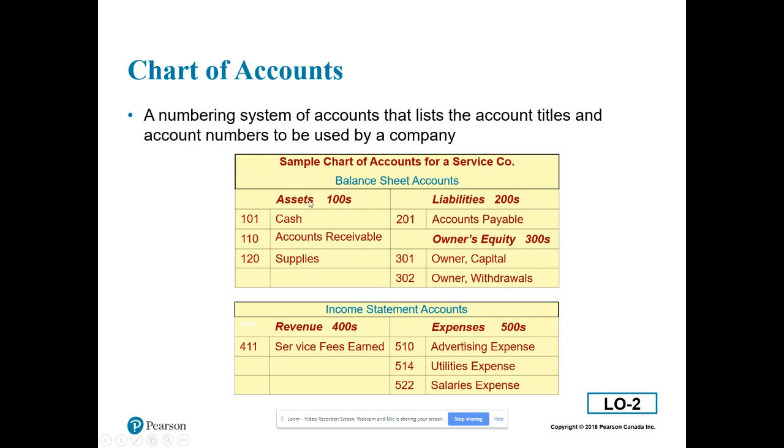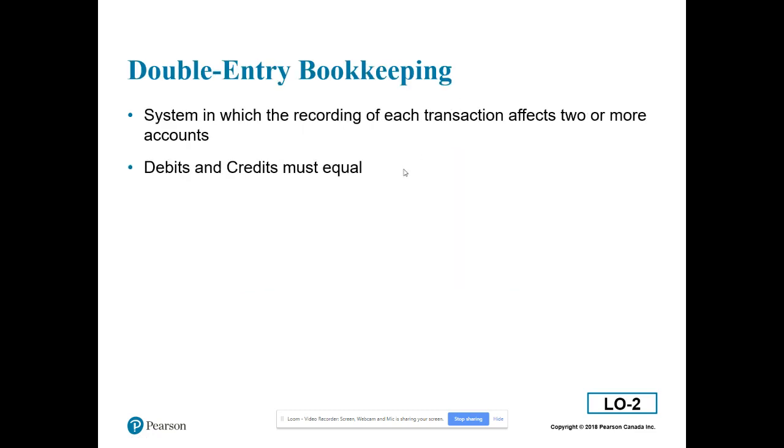The balance sheet accounts are the 100s, the 200s, and 300s. And the income statement accounts are the 400s and the 500s. Okay? The balance sheet accounts, and you'll learn this a little bit later on, are called the permanent accounts, and the income statement accounts are the temporary accounts. So I'm just planting the seed because you'll hear about this later on. I'll skip that.